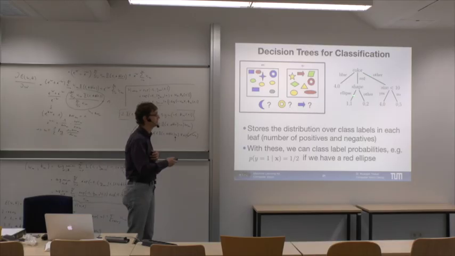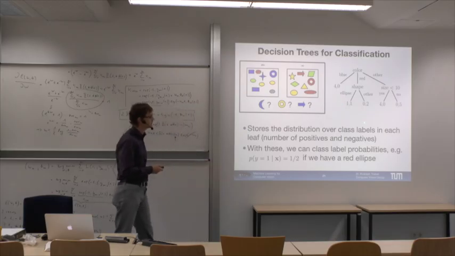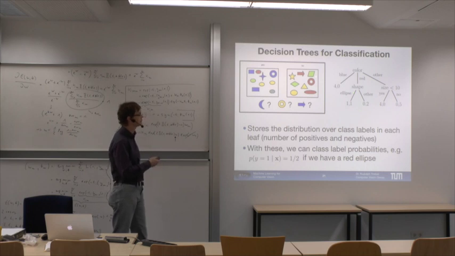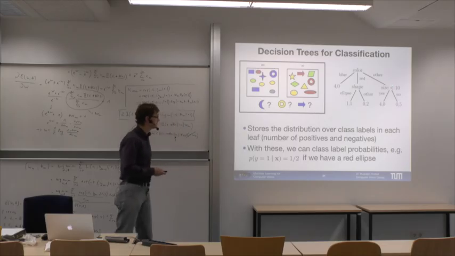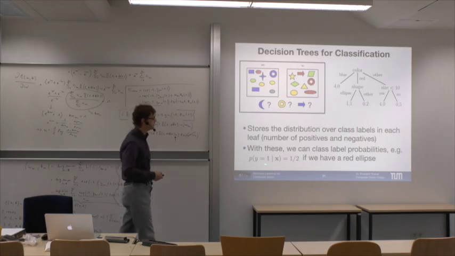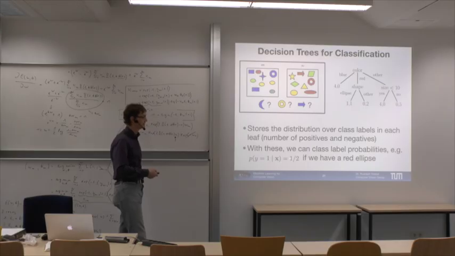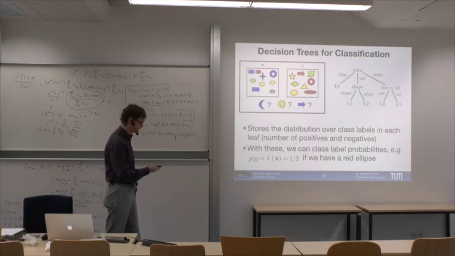This is just to give you an idea of how this looks. If it's not an ellipse, then you are certain that it should be class no, and the same here for the size. What we store in the leaves is this distribution of y equals 1 given x, and for the case of an ellipse, this is just 0.5.